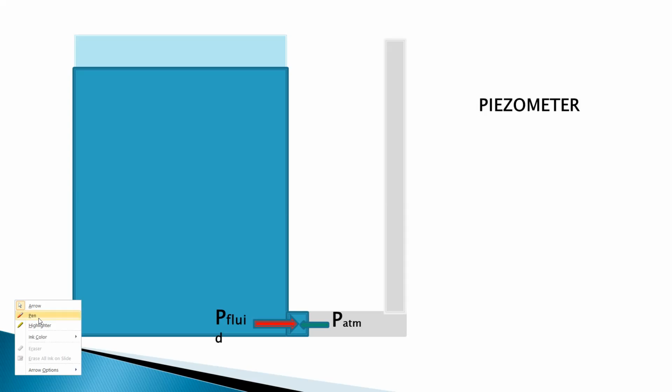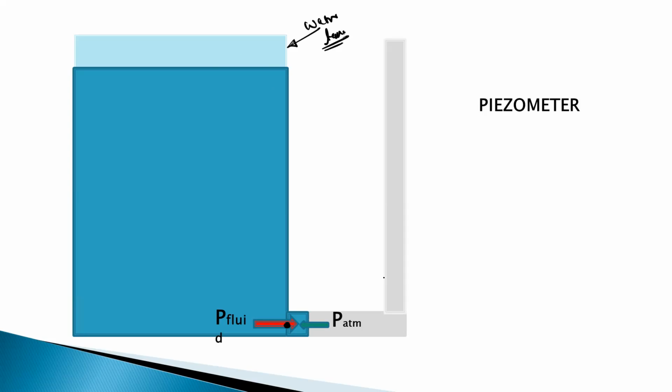So here you can see, this is the water tank, and for the water tank, at the bottommost point, we want to measure the water pressure. Okay, so we will just connect the vertical tube at this point.